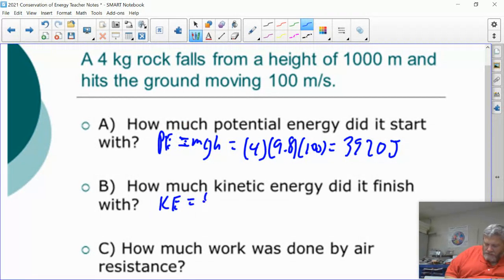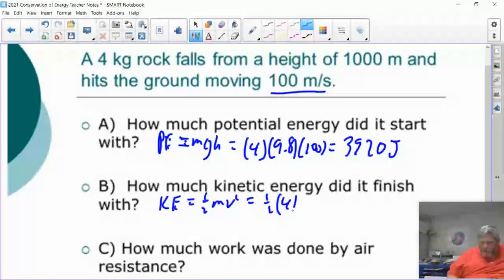How much kinetic energy did it finish with? Well, kinetic energy is 1/2 mv squared. We can't assume that it's going to be the same now because we're saying there's going to be a loss. And we're given a speed here. So it's going to be 1/2 times 4 times 100 squared, and I get 20,000 joules.